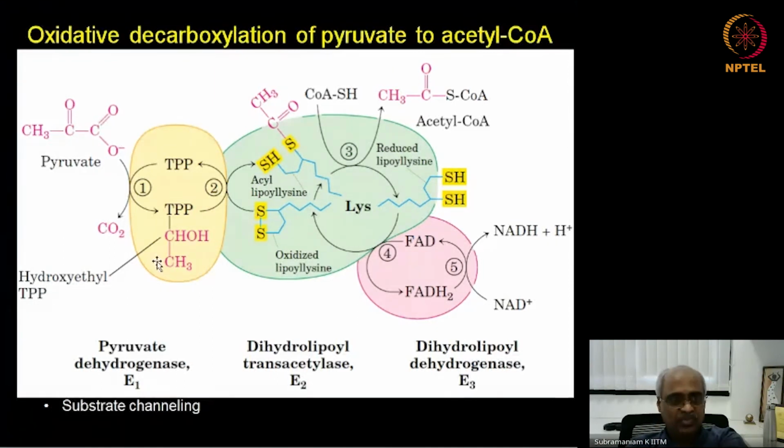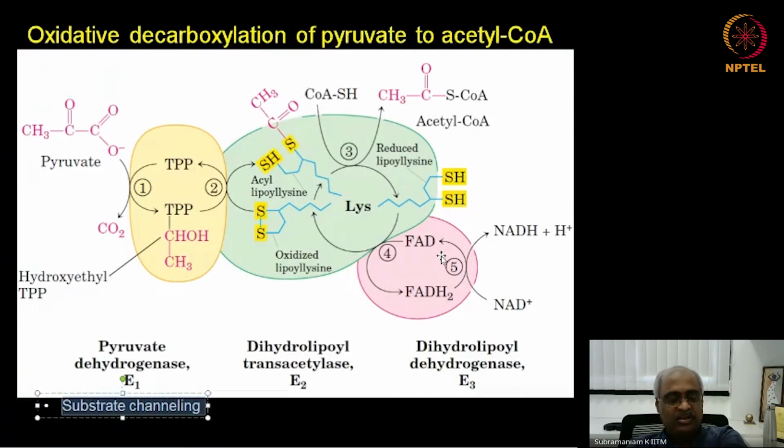This sort of direct transfer of substrate on the enzyme surface from one active site to another active site without ever releasing or diffusing out of the enzyme is what we call substrate channeling. This ensures very high concentration of substrates for subsequent enzymatic steps, because it's never released into the open solution. It is on the surface of the enzyme molecule itself.